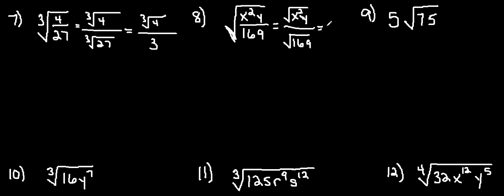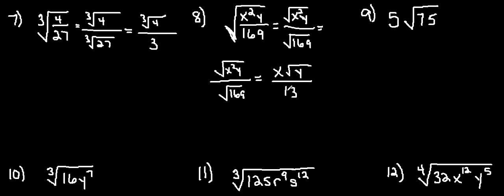Let me rewrite it: x squared y over the square root of 169. Alright, so back up to the top here, I've got an x can come out, and then what remains inside is the y, and that's going to be over the square root of 169, which is 13. Okay, a little bit more involved on that one, but you get the idea.